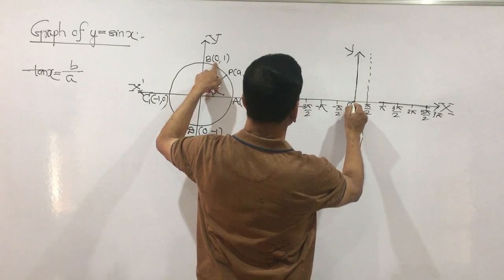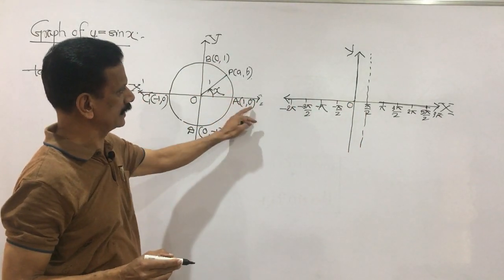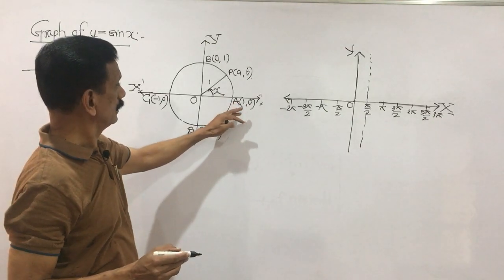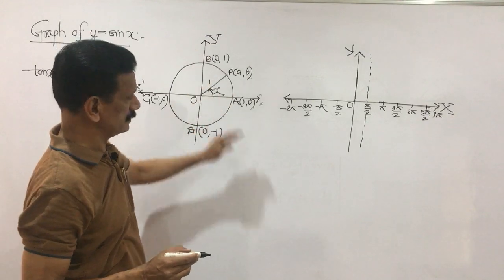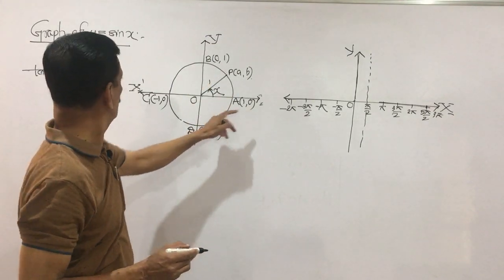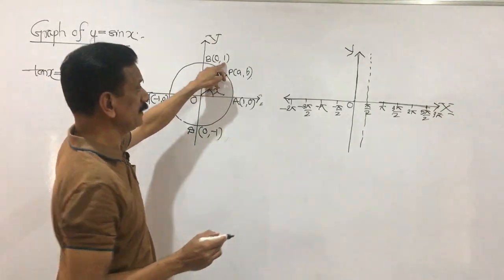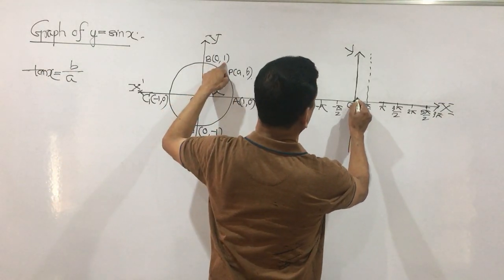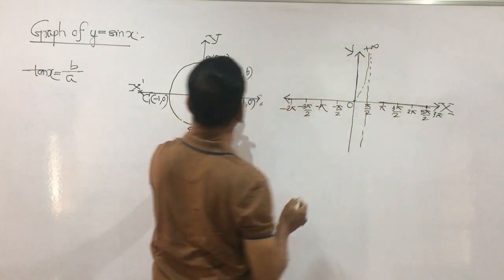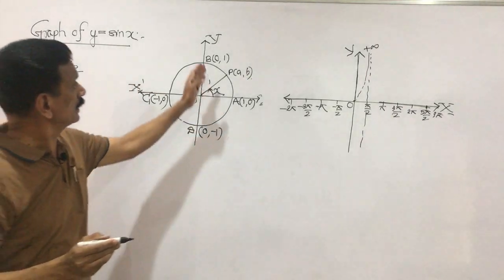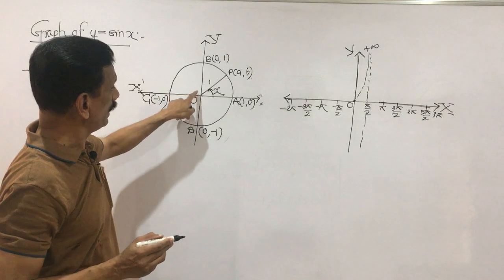As x increases, the angle increases, and you get the value going on increasing, to plus infinity, and then it takes a value just greater than pi by 2.